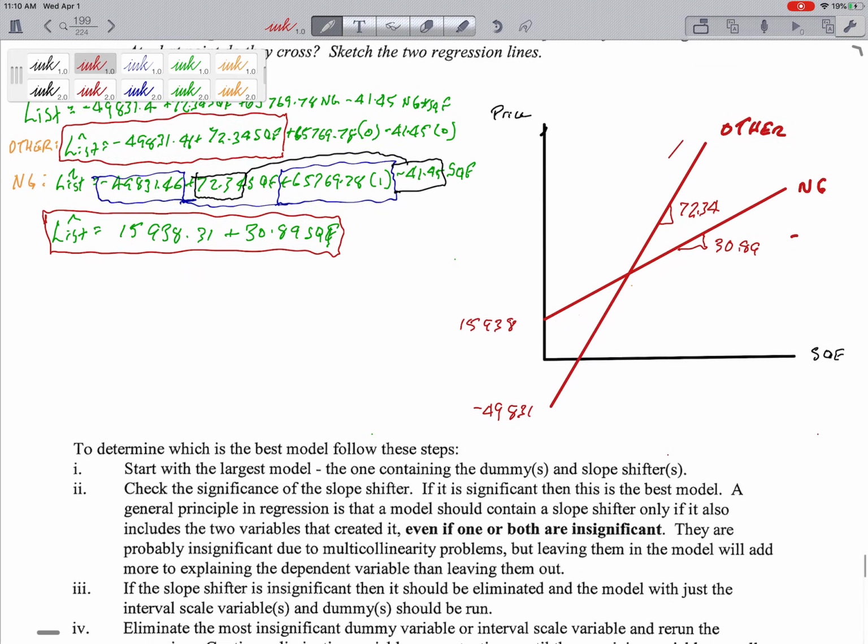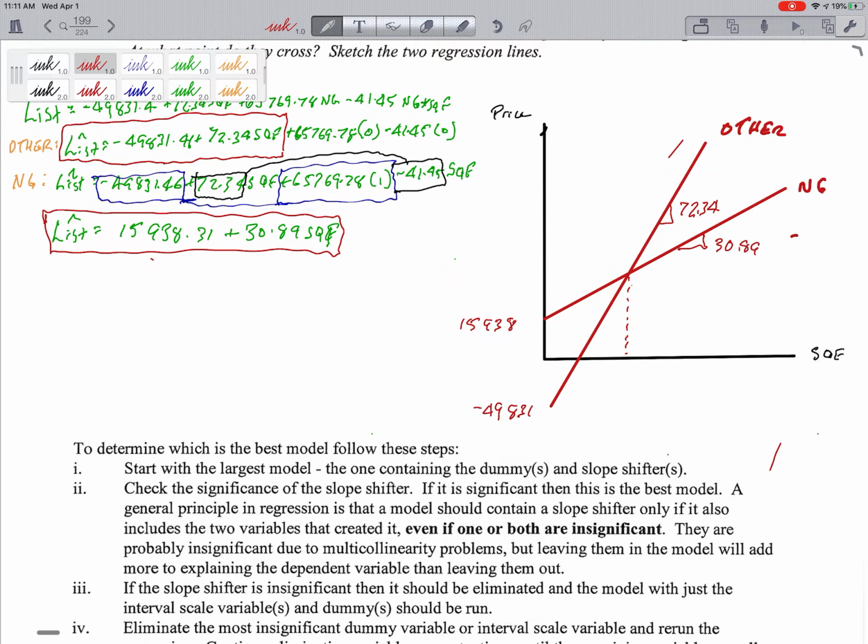The only other question I want to ask is, where do they cross? They would cross at this particular point, which would give us a particular X value. How do you figure that out? You have two equations, and you could set list price equal to each other.